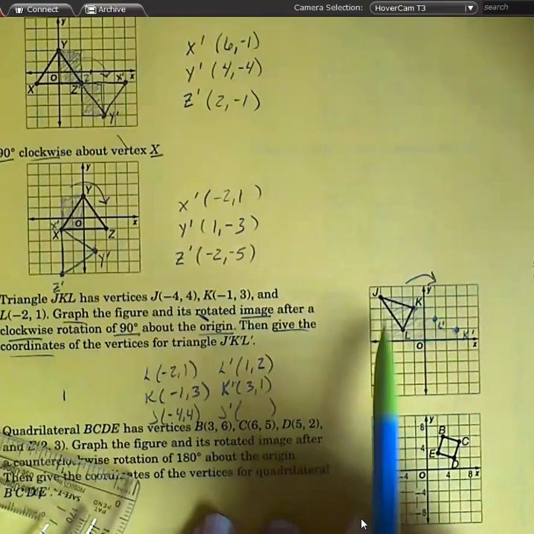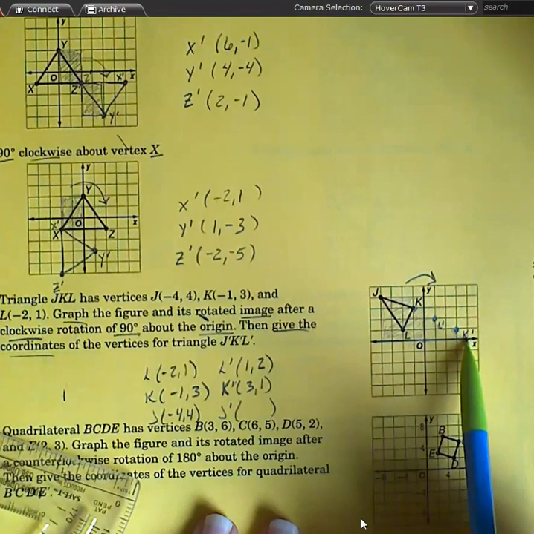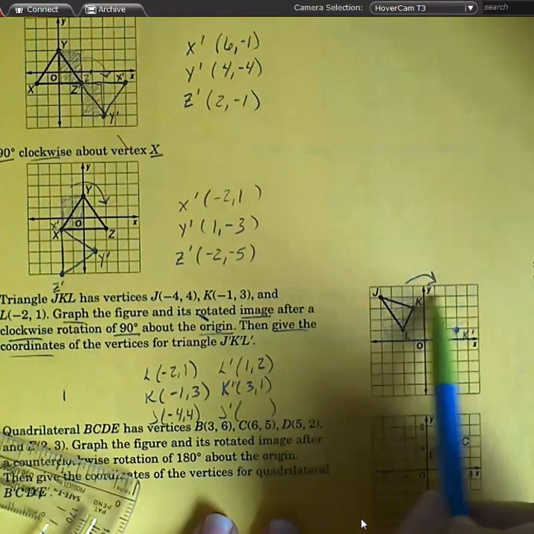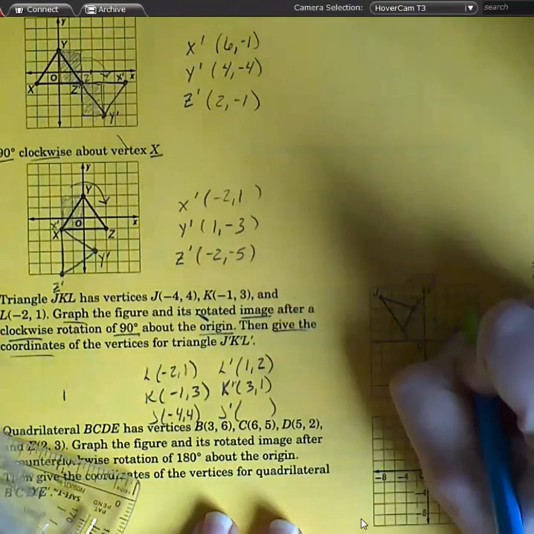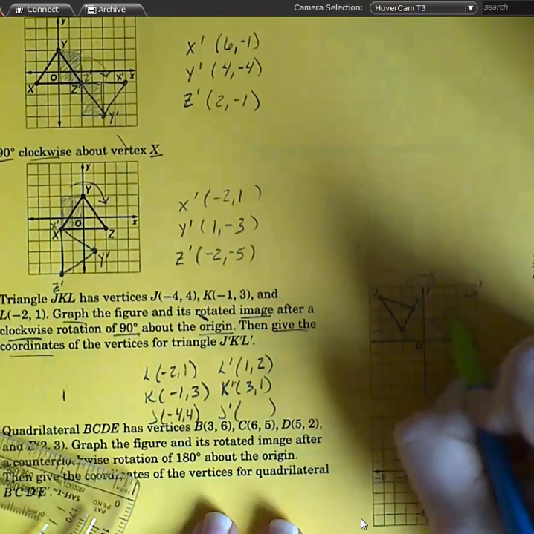J prime is 4 and 4. Or I'm sorry, J is 4 and 4. So where does J prime have to be? 4 and 4. You have to connect the dots.